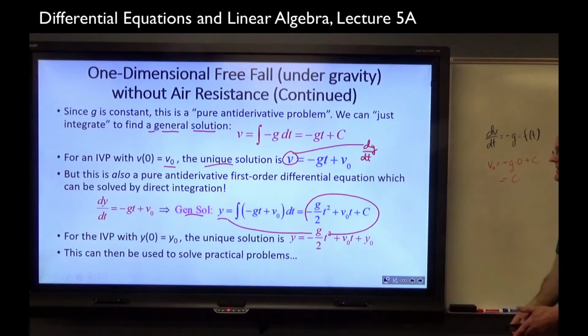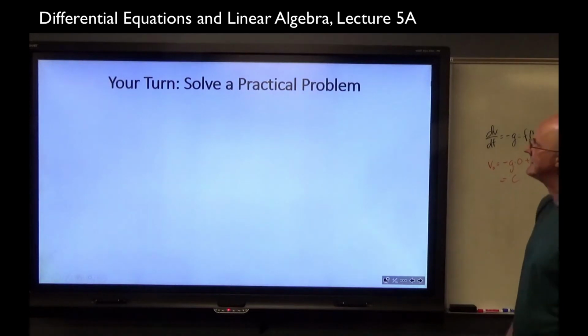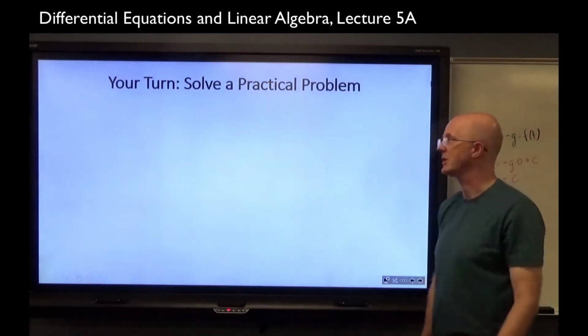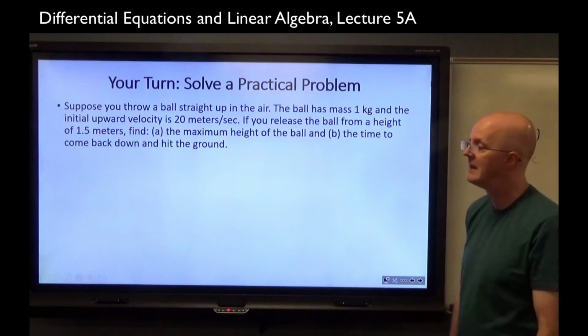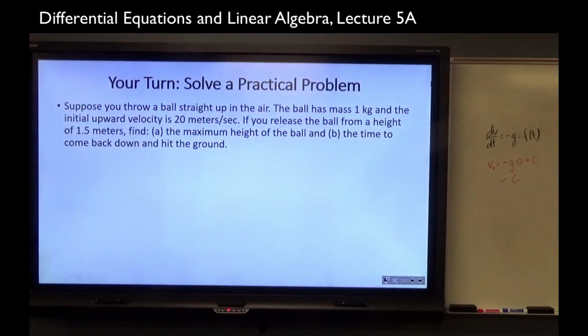And then this can be used to solve practical problems, although different people have different ideas of what's practical. So this is your turn. This is where you want to pause the video and try to solve this problem on your own. You could certainly solve it using the numbers that you see there.